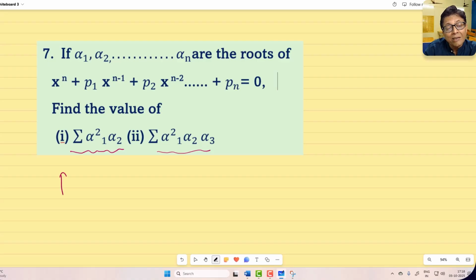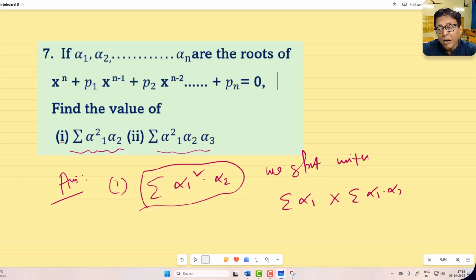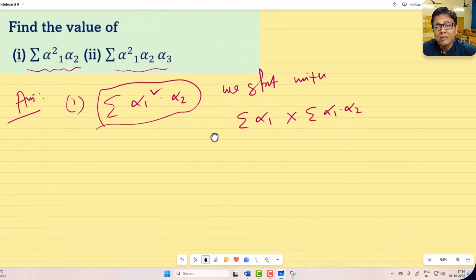So we will be using a technique I might have discussed with you earlier. For this one, we start with the result of this product, sigma alpha 1 into sigma alpha 1 alpha 2. Okay? Let us start with this product. It is going to be alpha 1 alpha 2, alpha n.